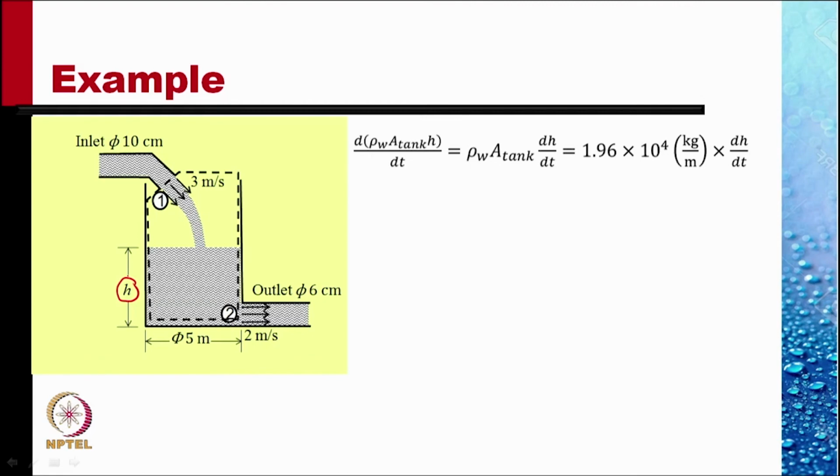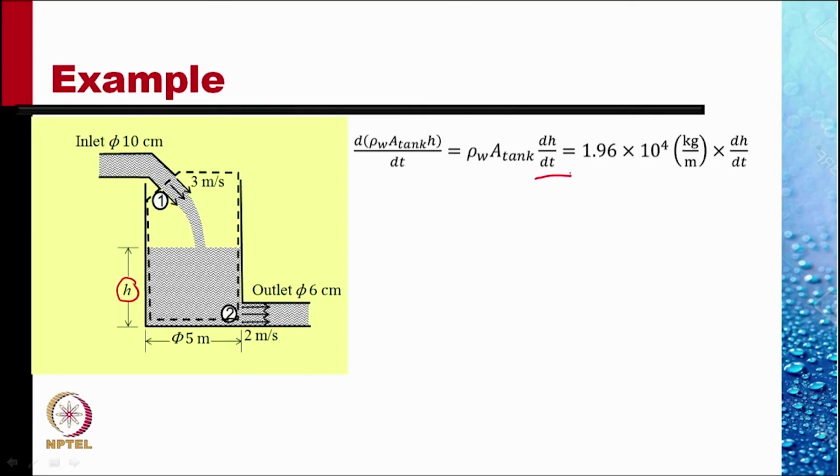This is expanded as rho W A tank into dH by dt. They plug in the value of rho W and A tank. I get 1.96 into 10 to the power 4 kilogram per meter into dH by dt.